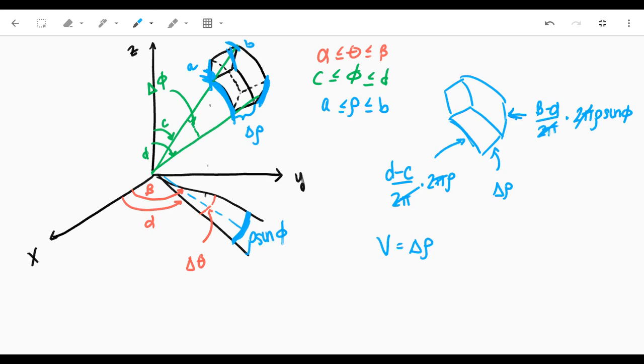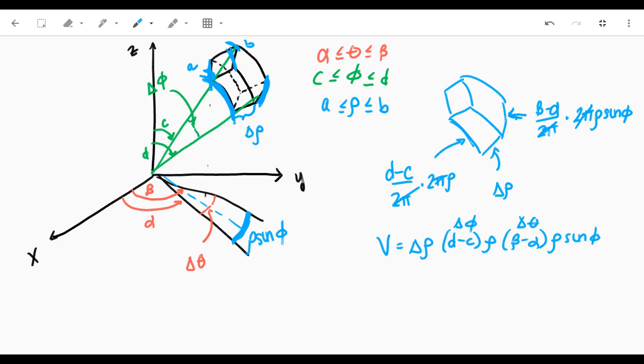Then we would have d minus c times rho, and we would also have beta minus alpha times rho sine phi. Well, d minus c, remember, that's just delta phi, and beta minus alpha, that's just delta theta.